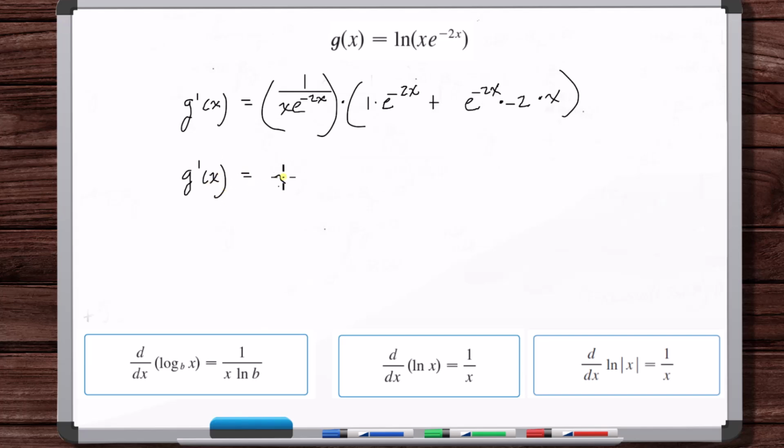So we've got minus 2x e to the minus 2x. Okay, so now let's factor out an e to the minus 2x.